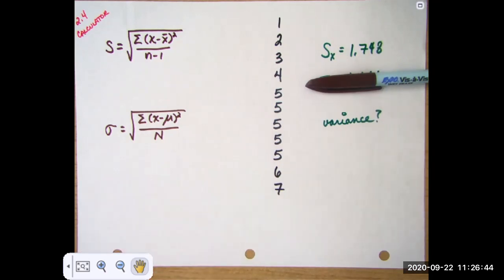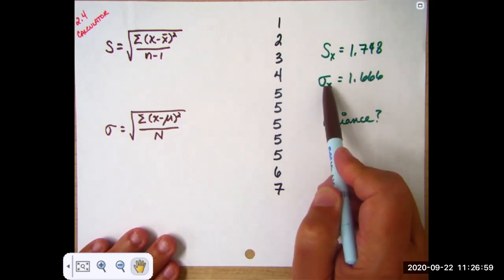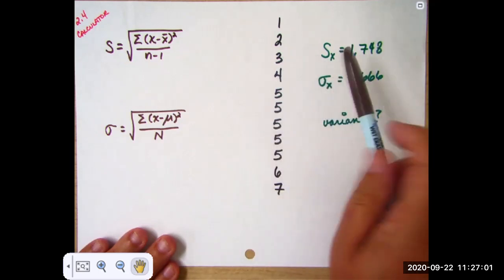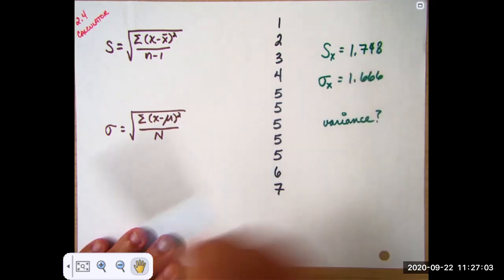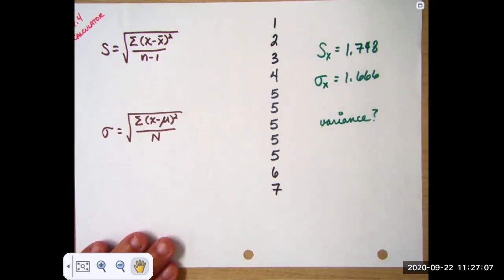To be honest, if it were up to me, the calculator would not even tell you the standard dev unless you've told it, is this data set a sample or a population? If it's a sample, it would only give you this one, and if it's a population, it would only give you that one.